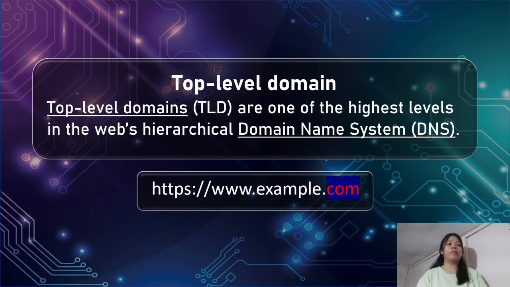And if you see a website with a .edu top level domain, then you will automatically know that this website is an educational institution. So basically, top level domains are a way to identify what kind of website you're visiting, and they help make it easier for people to find what they're looking for online.